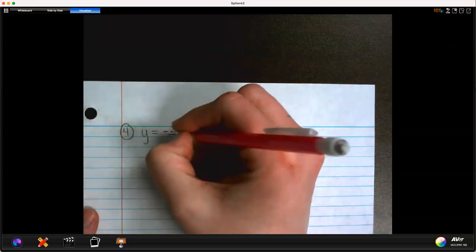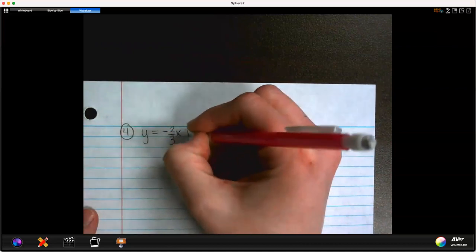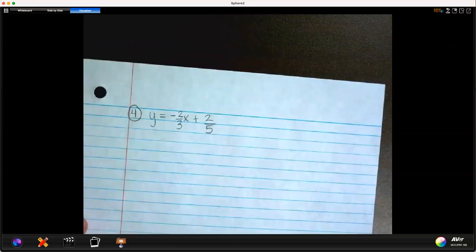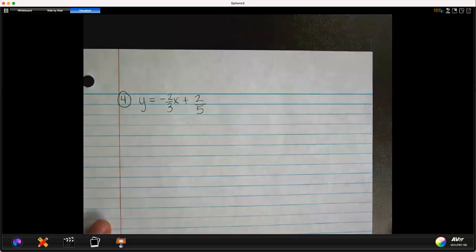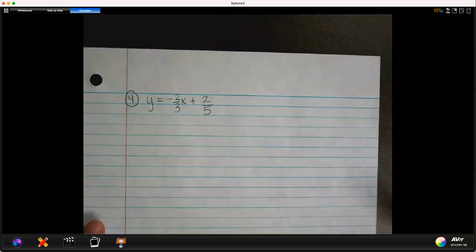Okay, number 4. y equals negative 2/3 x plus 2/5. What is our initial issue that we need to address? It's out of order, but more specifically, what order is this in?